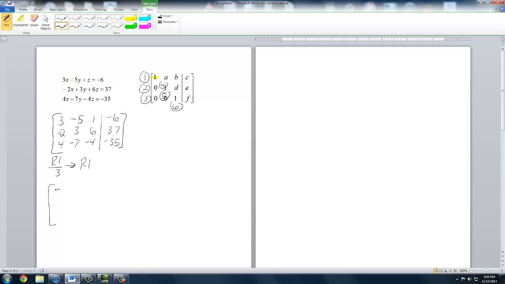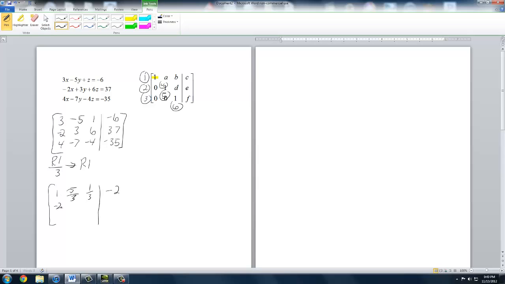So 3 divided by 3 is 1. Then we're going to have negative 5 thirds, 1 third, and negative 2.